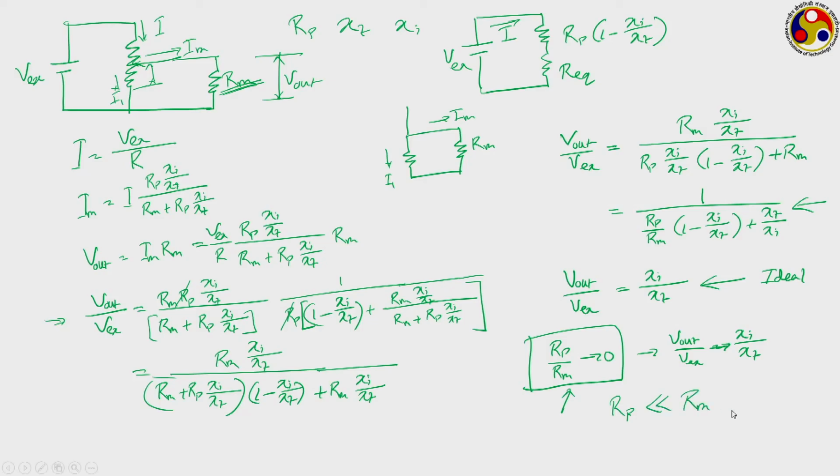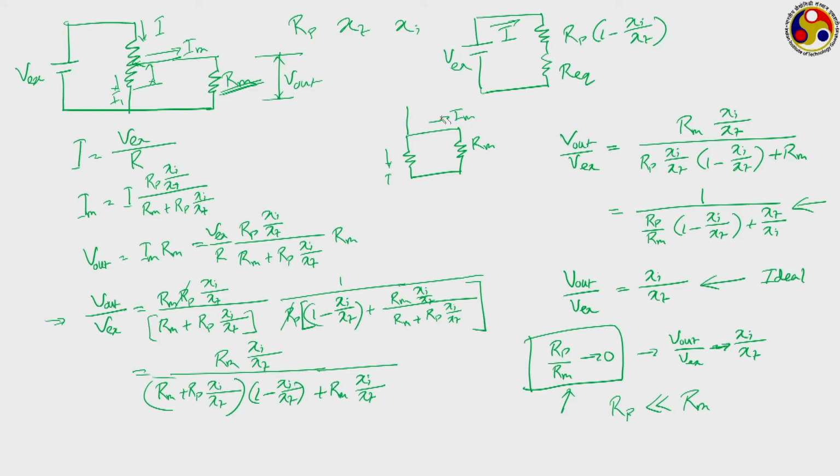But again, a smaller value of Rp will affect the sensitivity of the instrument, and therefore we have to go for some kind of trade off here. That is, the value of Rp should be chosen such that for a given Rm we have a certain level of sensitivity as well as a certain level of error, or we can minimize the corresponding error that can be present there.